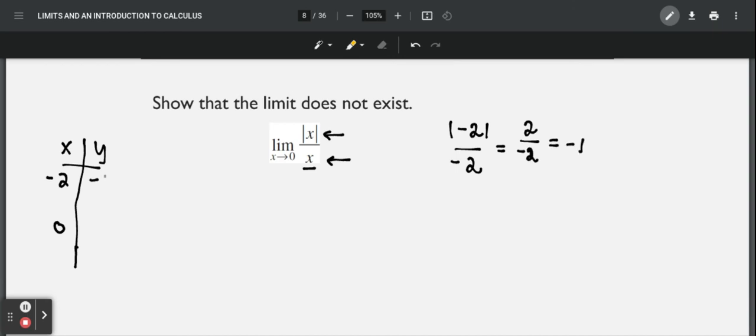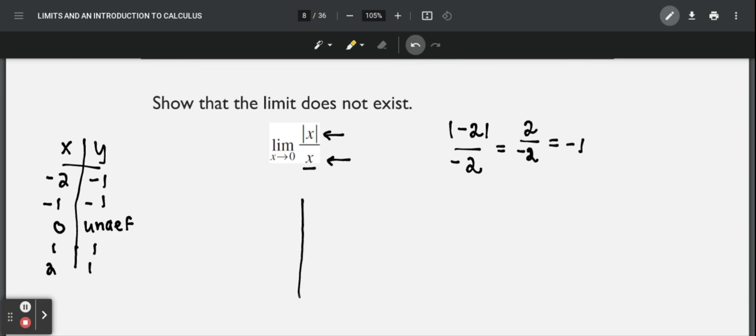So our y would be negative 1. Same thing if you plugged in negative 1: you get negative 1. At 0, it's undefined. And then if you plug in a positive 1, you get 1. Positive 2, you get 1.